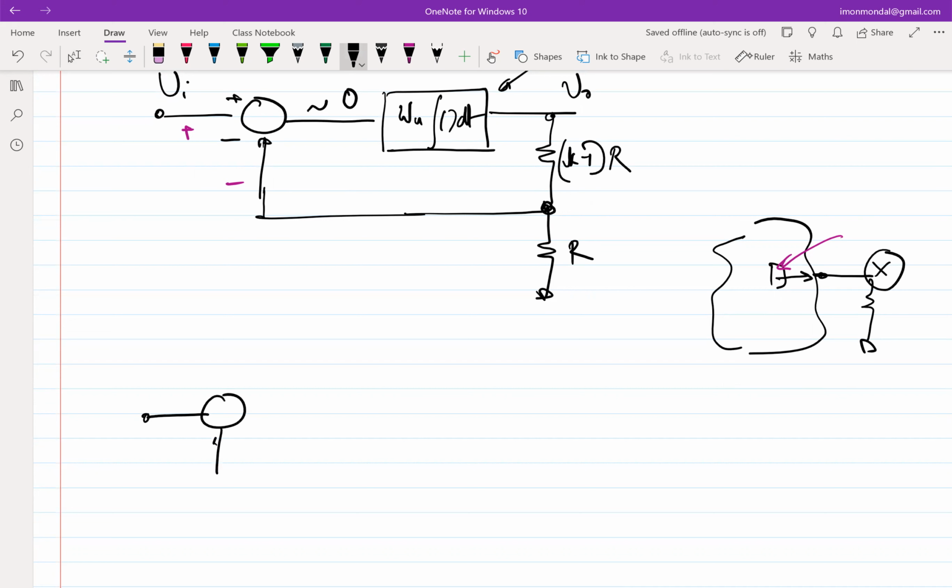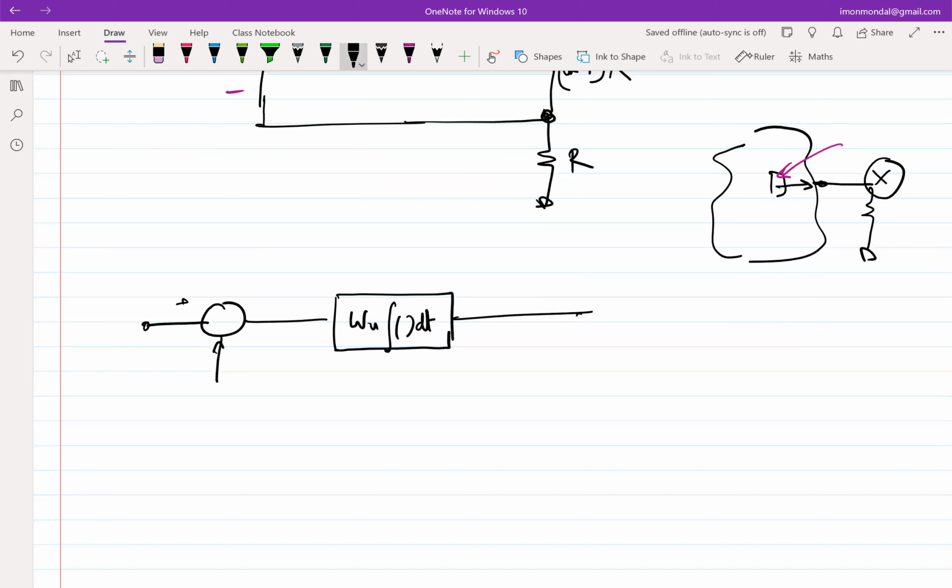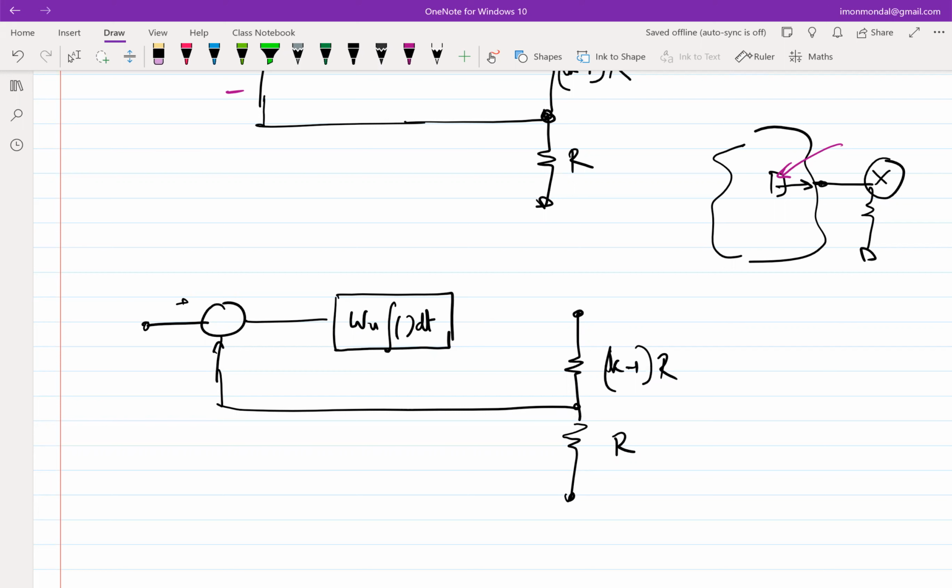So let's assume you have the same circuit, but let's say I have inserted an error voltage.